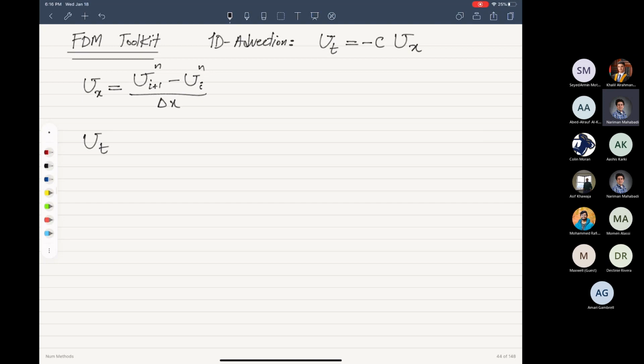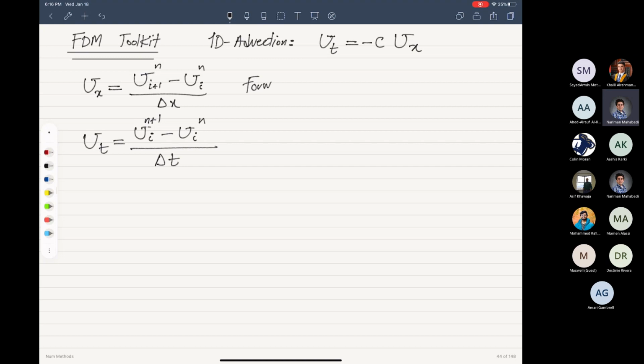And the discretized form in t: now I have to play with time, so this is n plus 1 minus u at the same time, divided by delta t.